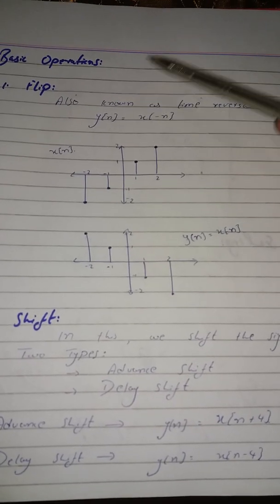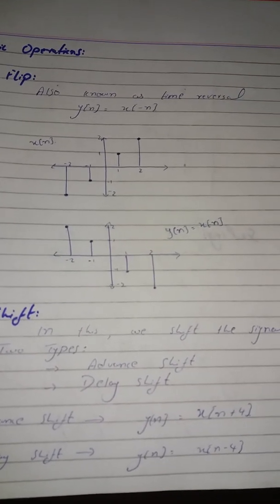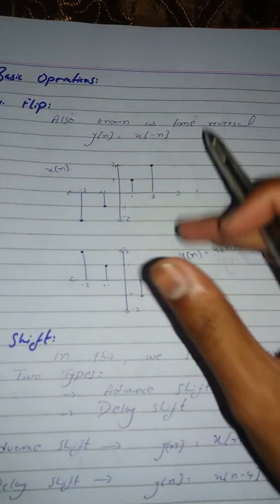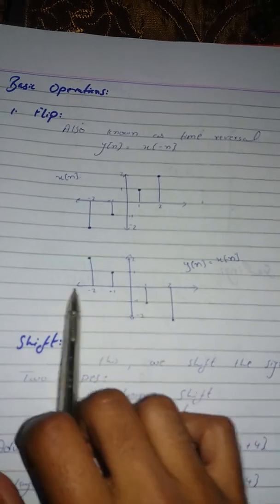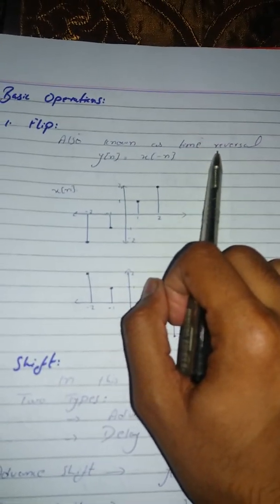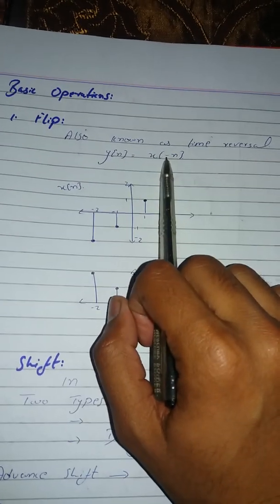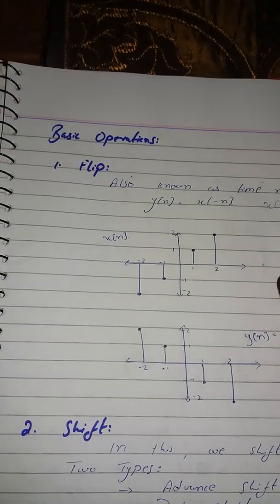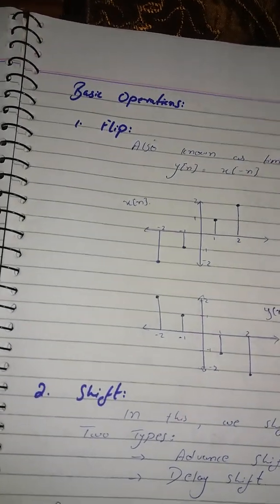The first one is flip. Flip is basically flipping the signal over the time interval, also known as time reversal. Let's suppose we had a signal over here, x of n, and we want to flip it.